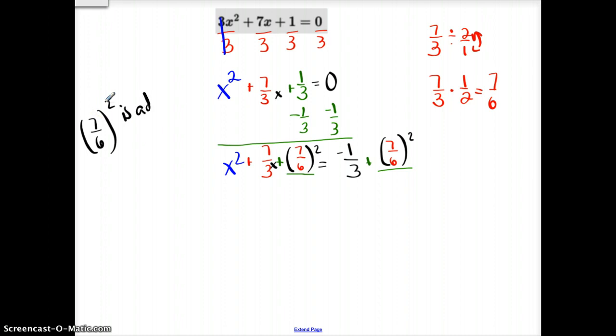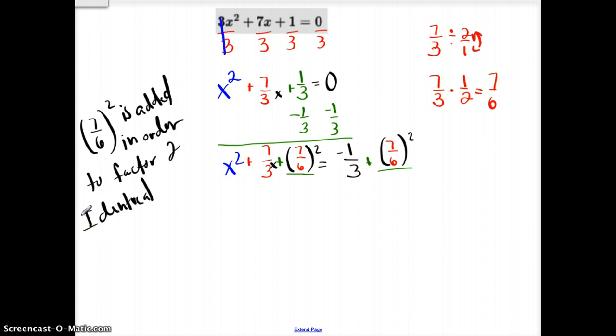is added in order to factor two identical binomials. Okay, what that means is when I factor this out, I'm going to have two things that are exactly the same.